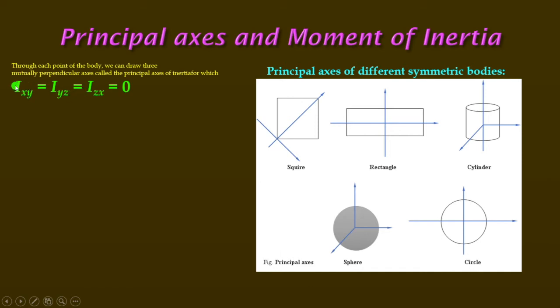The value of Ixy, Iyz, Izx, Ixx, or any component, depends on the axis. So you can choose a particular axis such that these product of inertia components are 0.